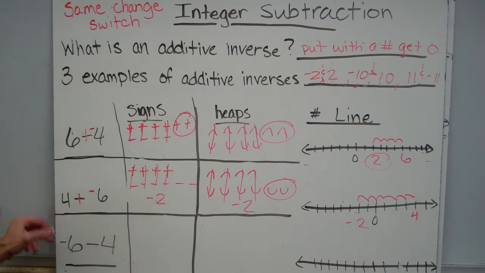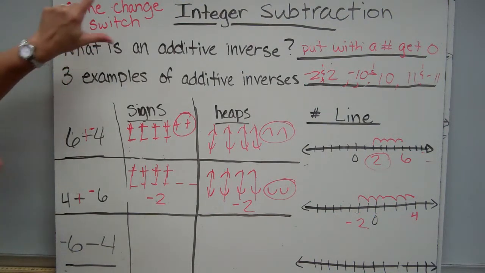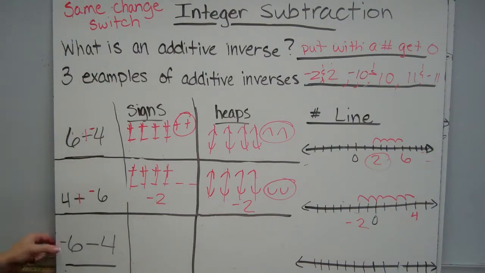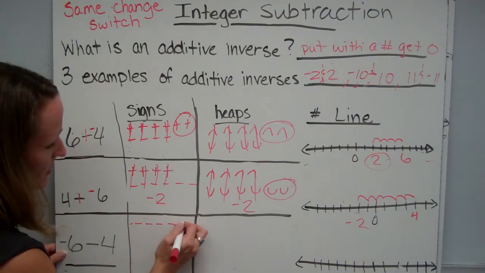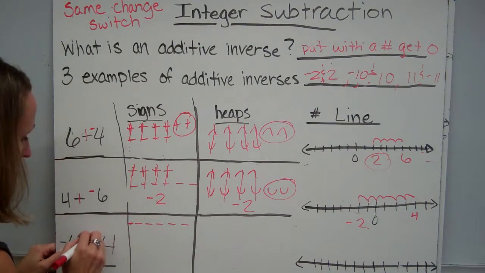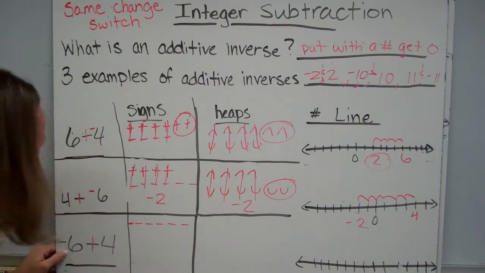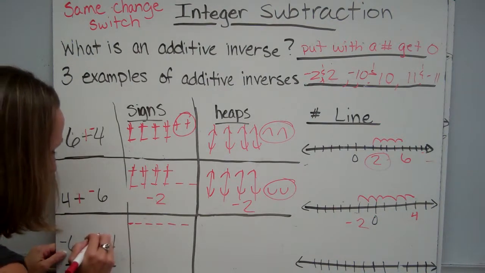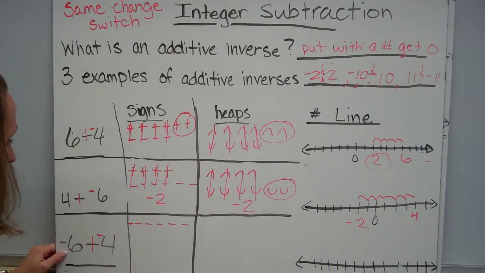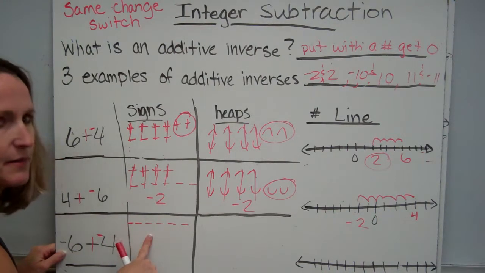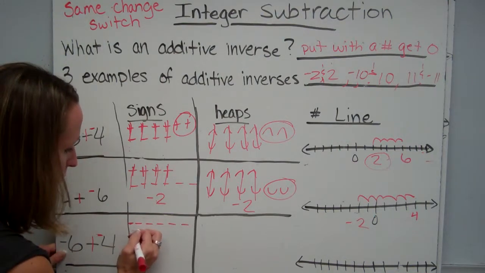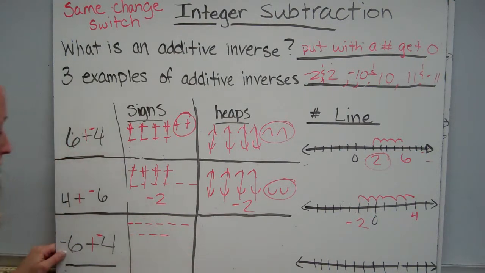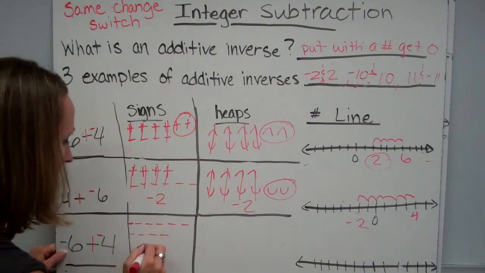Okay, what about this one? What if I have a negative in my first number? That's okay. We still do same, change, switch. -6 is going to stay the same. 2, 3, 4, 5, 6 negatives when we start. Now I'm going to change my minus to a plus. I'm going to make my +4 negative. So what am I putting down here? Positives or negatives? Well, I have a -4. So I'm going to add 1, 2, 3, 4 more negatives to get -10.